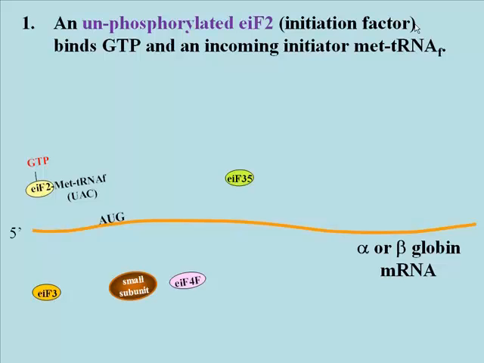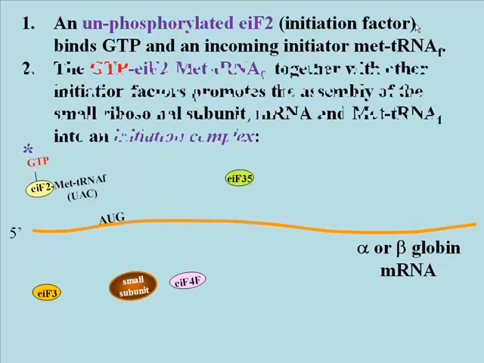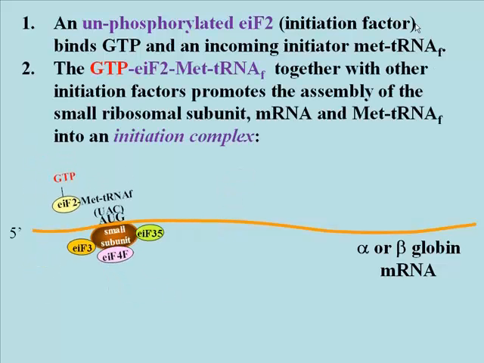First, EIF2 binds GTP and an initiator methionine tRNA. Then EIF2 and several other eukaryotic initiation factors, or EIFs, deliver the initiator methionine tRNA to the messenger RNA during the assembly of the initiation complex.